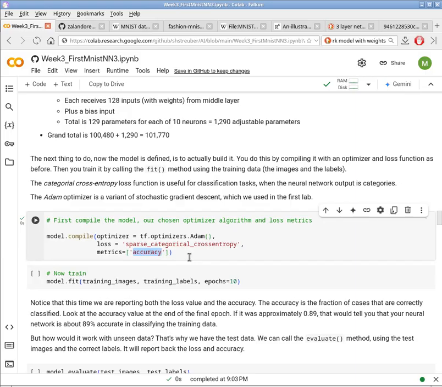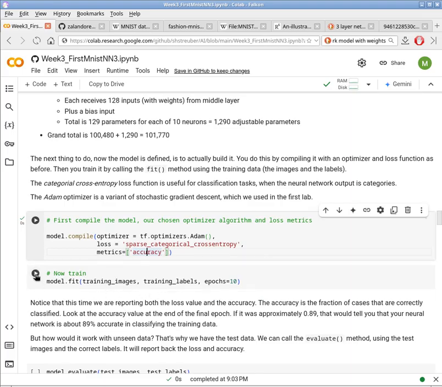So we get that in addition to the loss function. The loss function is what we use for the error for training, backpropagating and nudging the weights, and the accuracy is what we use for our own understanding of how well it works.